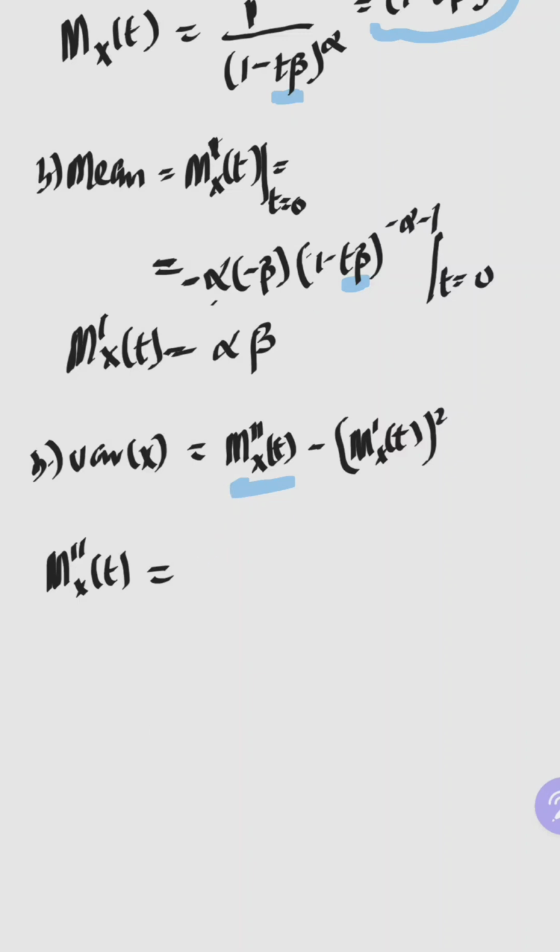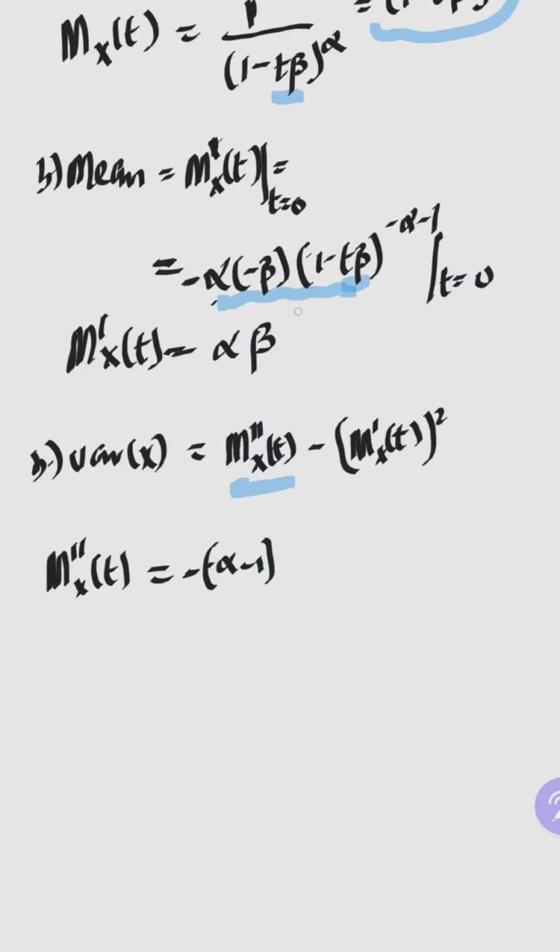Now taking the second derivative of this expression before we set t equal to 0, this is going to be negative, bringing down the negative alpha minus 1.